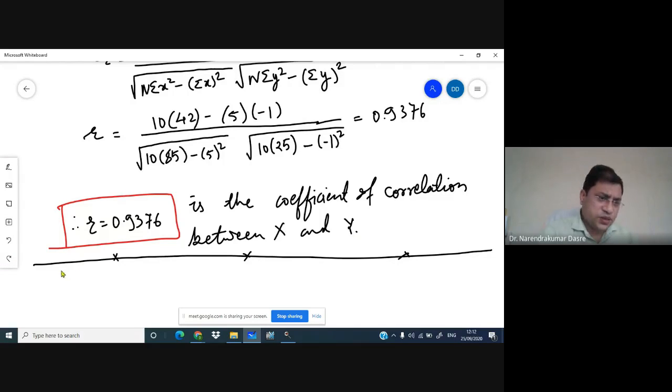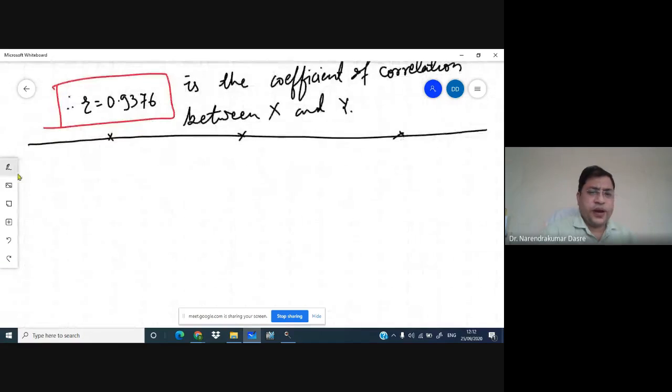So we got this one. Good. Okay. So is there any doubt in this kind of examples when we have the processed data? Processed data is much easier than the unprocessed data, because in unprocessed data we have to calculate all the table.